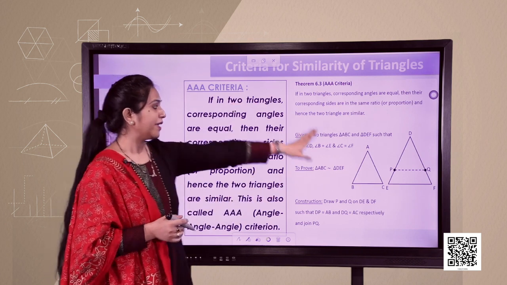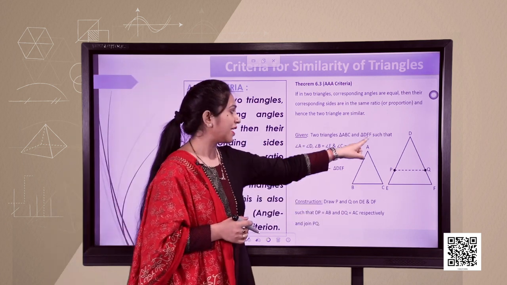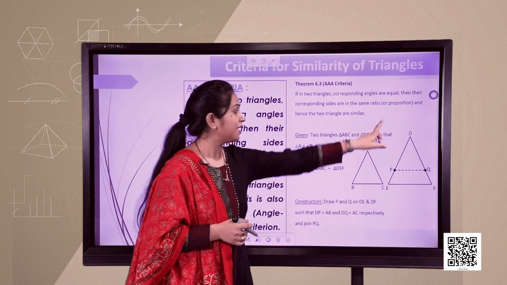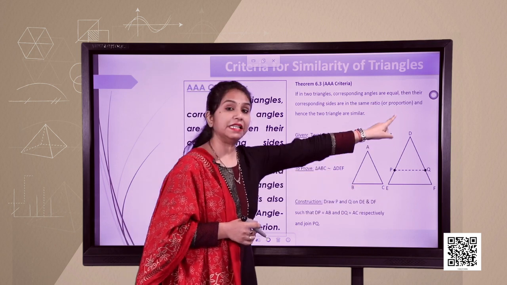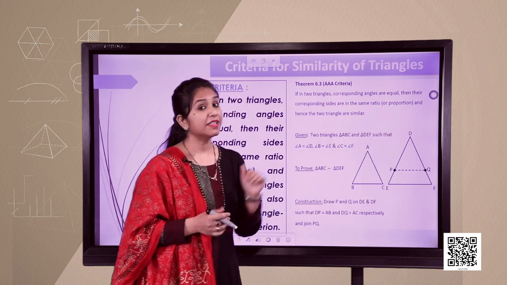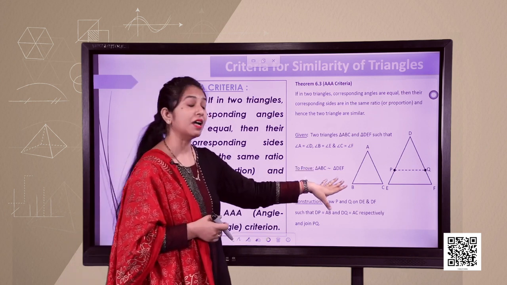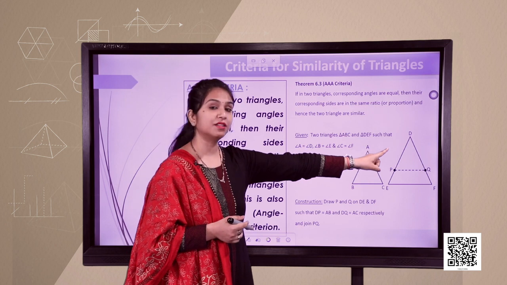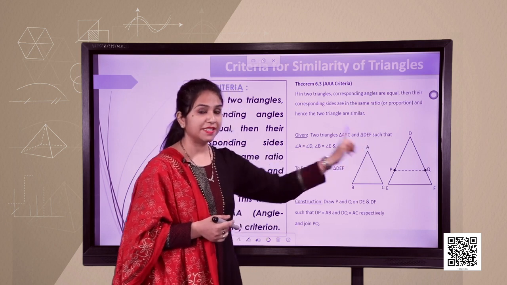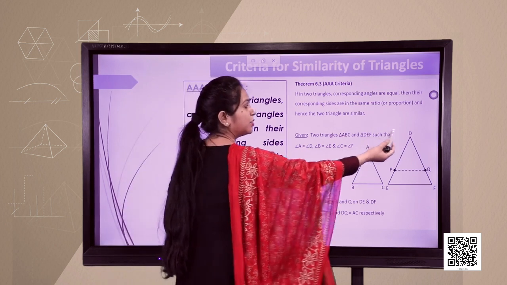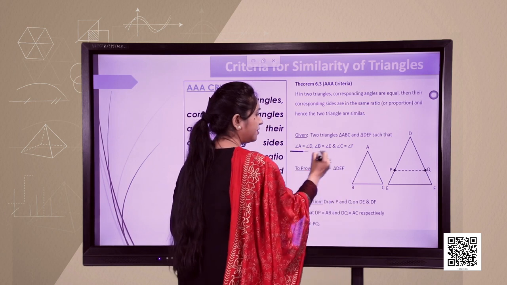Okay. So, again we have two triangles, triangle ABC and this big triangle DEF. The things which are given to you are that the three angles of the first triangle are equal to three angles of the other triangle. Basically, angle A is equal to angle D, that we have written here.